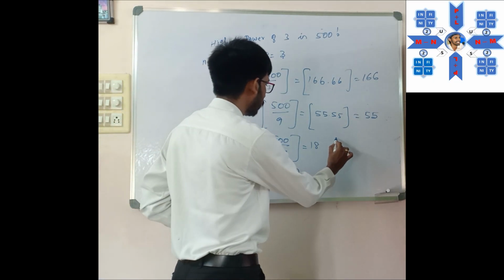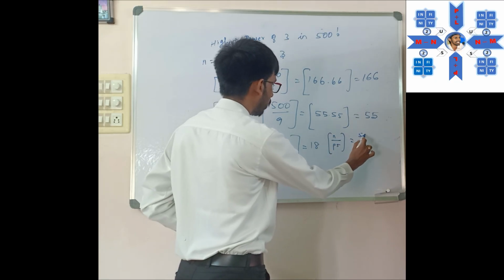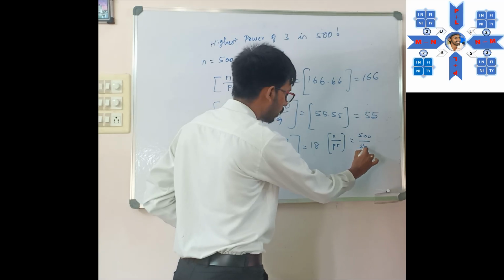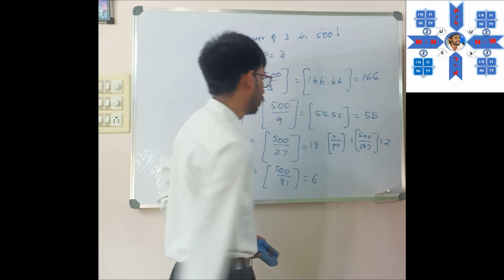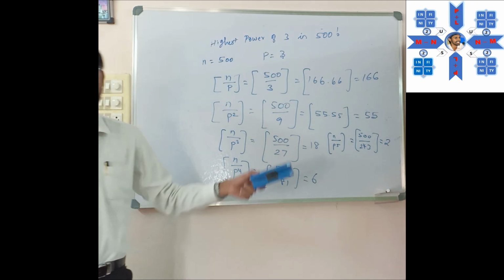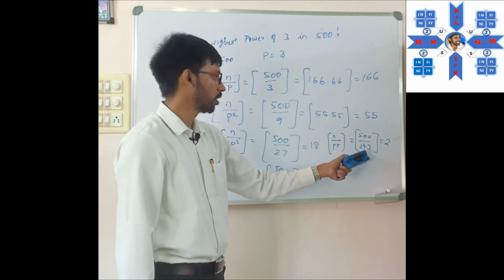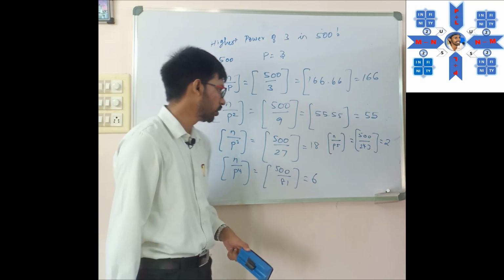Next n by p power 5, 500 by 243, that will be 2 point something, and p power 6 will exceed 500. Whenever the denominator is greater than the numerator, the answer will be 0 point something, so we can just ignore them.